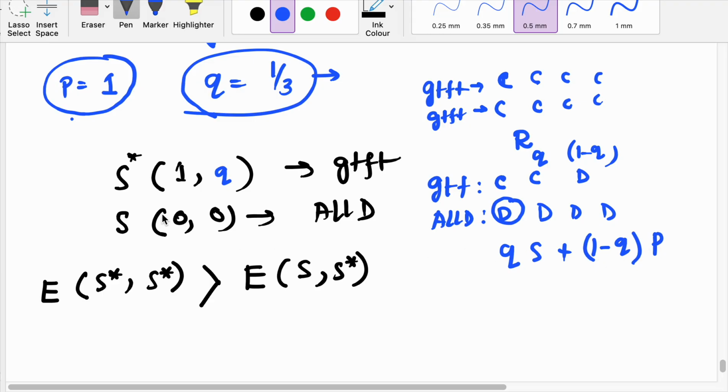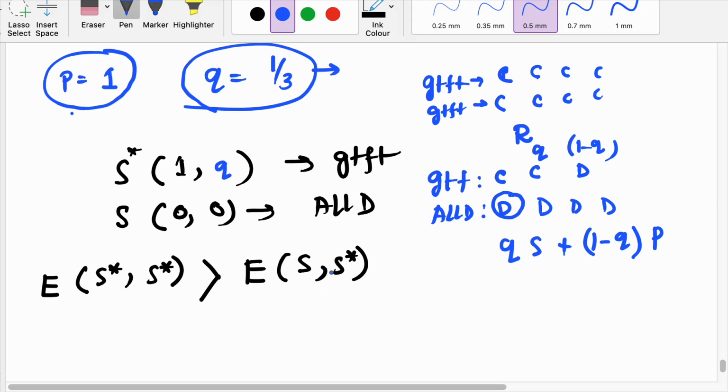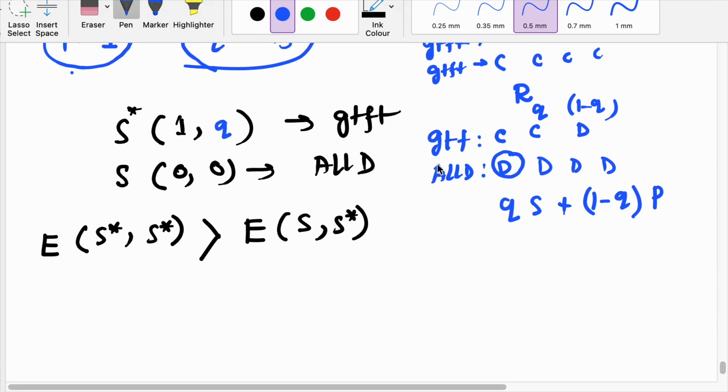Now this R has to be greater than this number. Again, GTFT in the presence of GTFT cannot be invaded, and GTFT is ESS only in the presence of TFT.